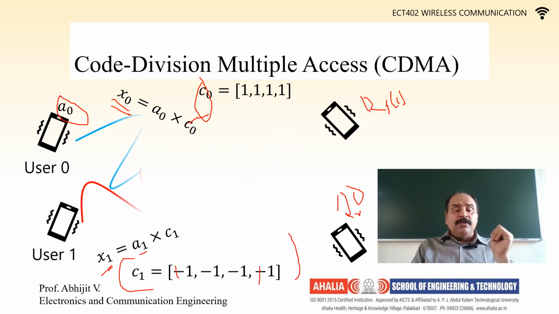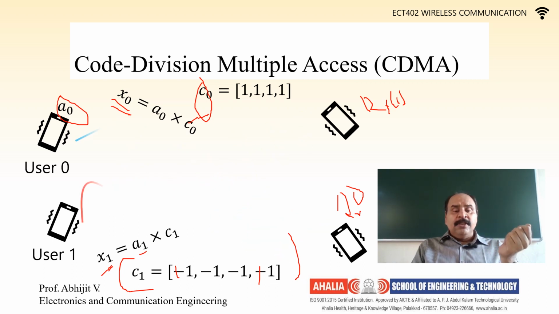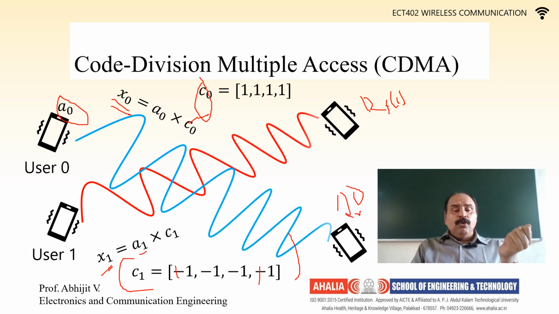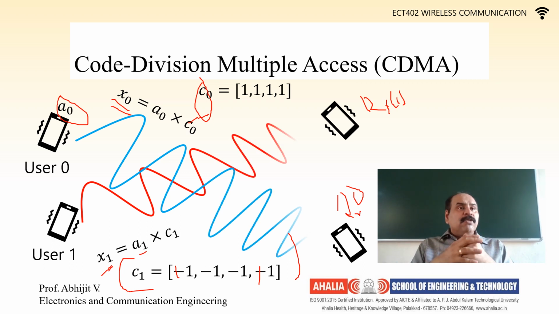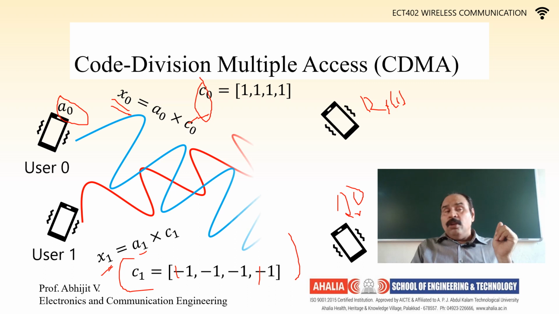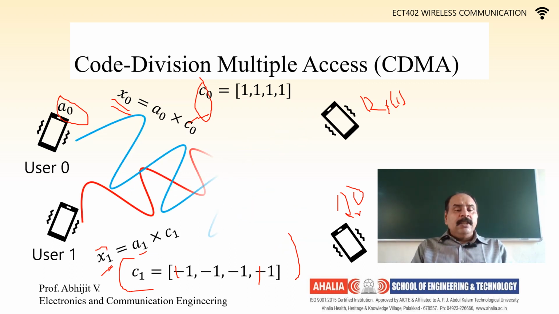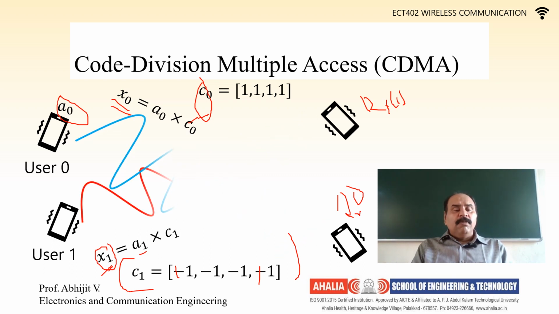Sorry, there is a small mistake in this slide. When you write your notes, you can use it as 1, minus 1, minus 1 and 1. You have two plus 1s and two minus 1s. You are multiplying C1 with A1, generating the signal x1 that is being transmitted by user 1.